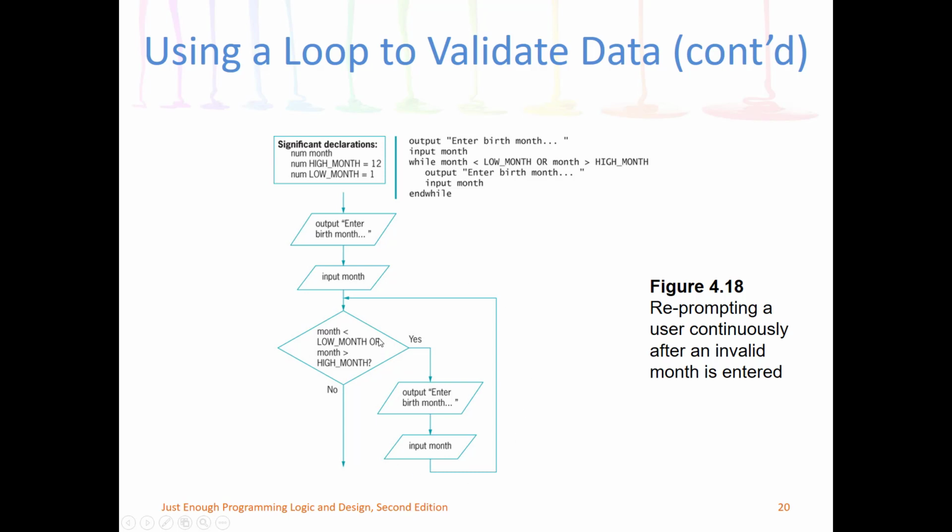Now, here's the thing. Most people look at this backwards. They get it backwards the first couple times they do it. What you're testing for is not if they gave you the valid number. You're testing for the exception. You want to know if they gave you an invalid number. An invalid number is what? Less than 1 or 0, an integer, or greater than 12, 13, or higher.